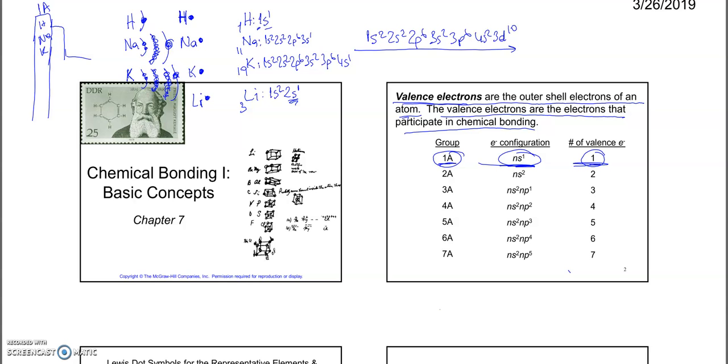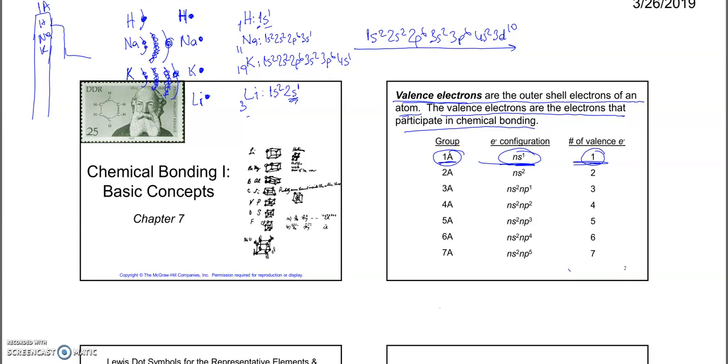So let's do beryllium here. All right, so beryllium has 4 electrons, right? I have 1s2, 2s2. So this is the first shell, this is the second shell. On the second shell, I have 2 electrons. So how many valence electrons do I have on beryllium?